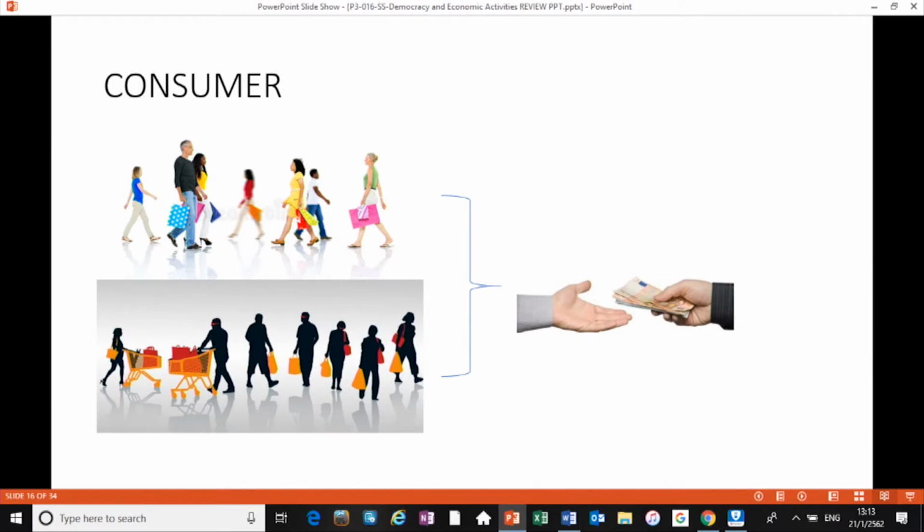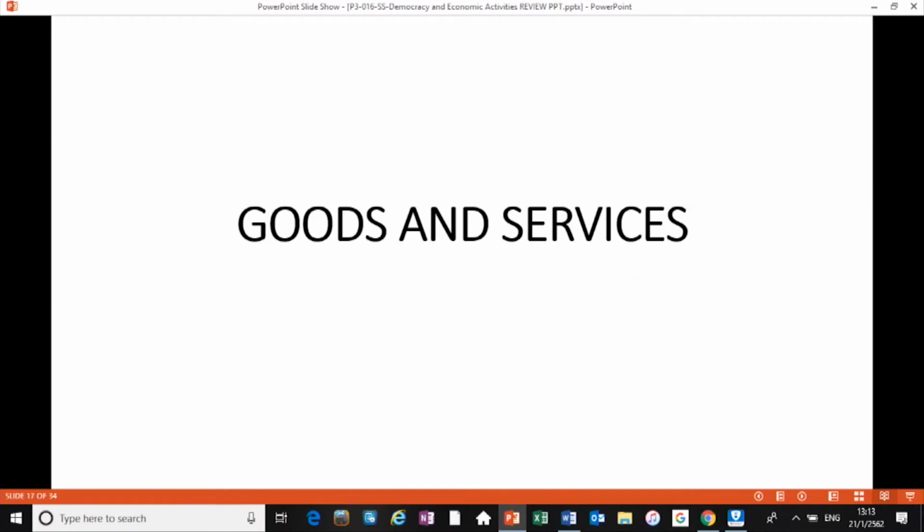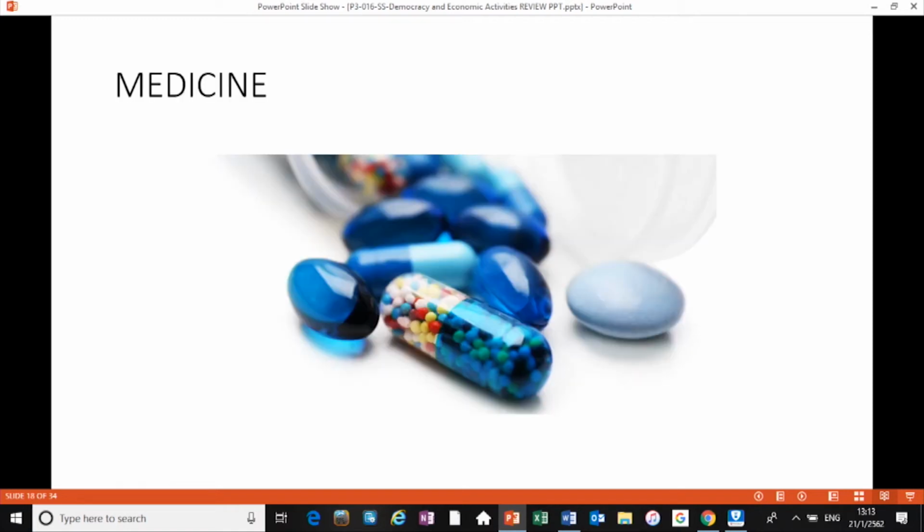And consumer means buying and using. Buying and using. And again, who is the consumer? People. People, exactly. People are the consumer mostly. Goods and services. Medicine.